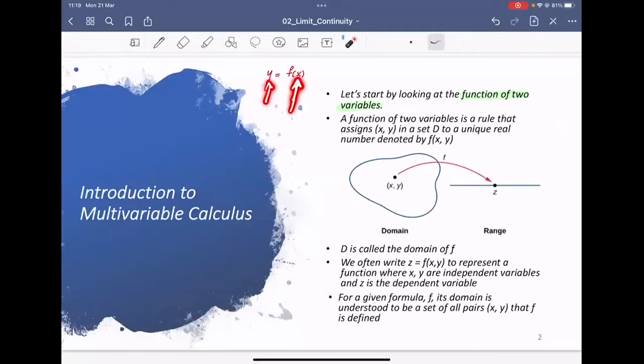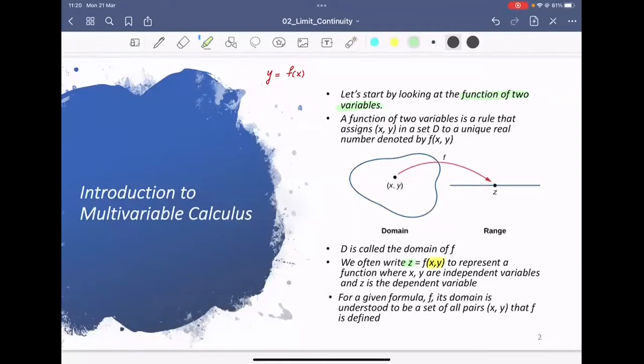This is before. In two dimensions, we're going to use x and y as independent variables. So the input here is going to be x and y. You're going to plug in two things, x and y, simultaneously. At the same time, you plug in x and y together. And you need another name for the result.